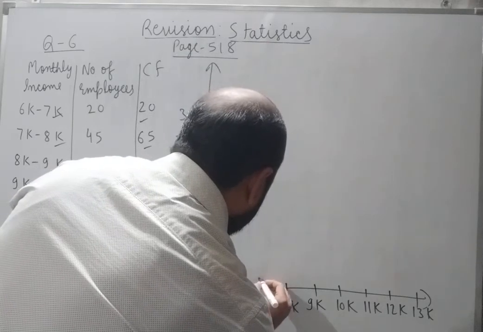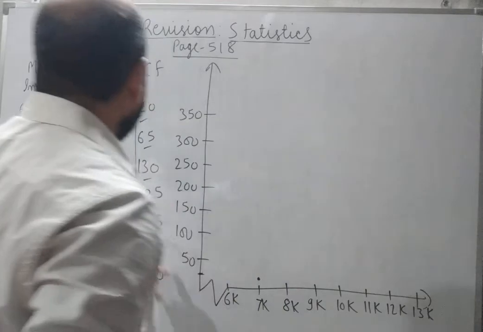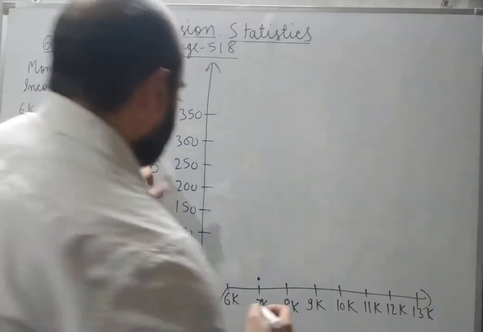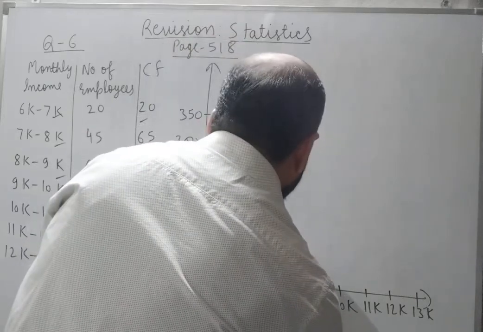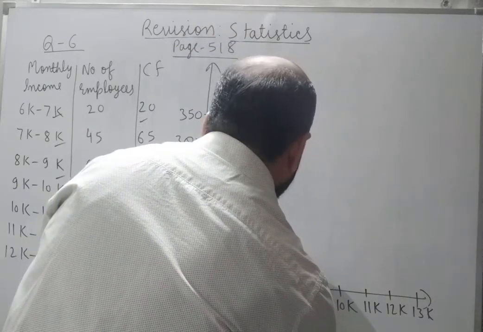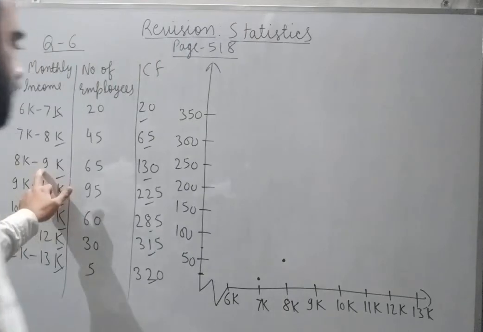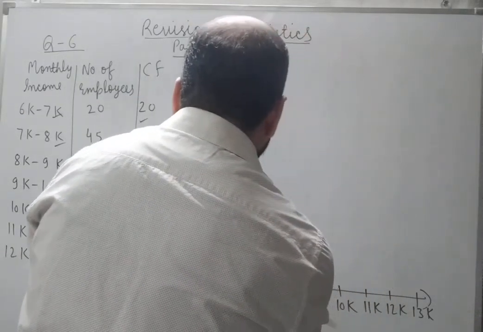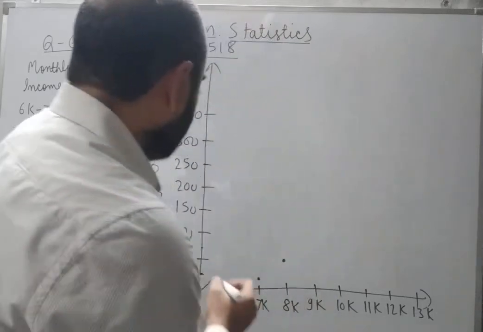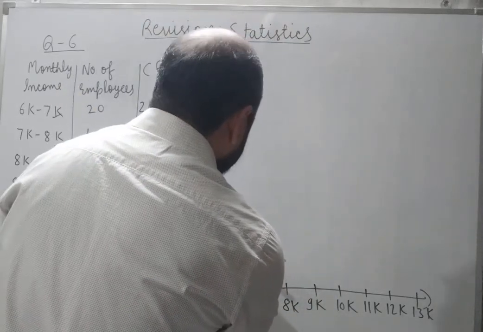Next one is 8000, 65. 65 means maybe here. Next one is 9000, 130. 130 means here. This is 125, so 130 will be here.